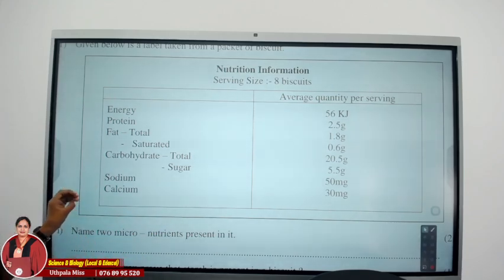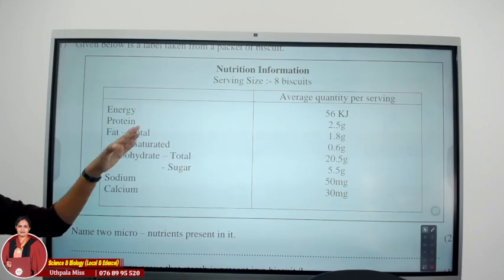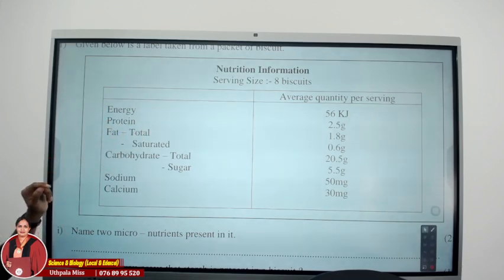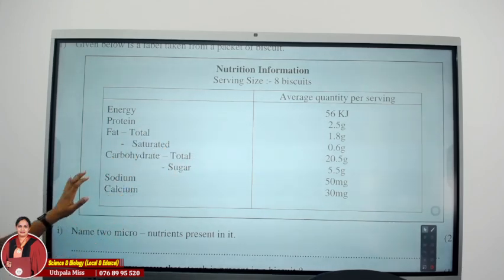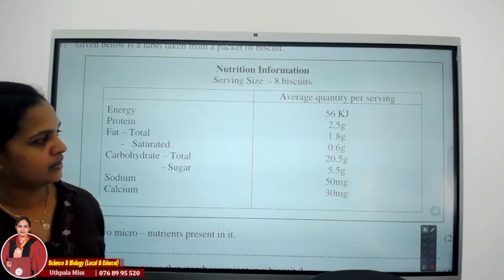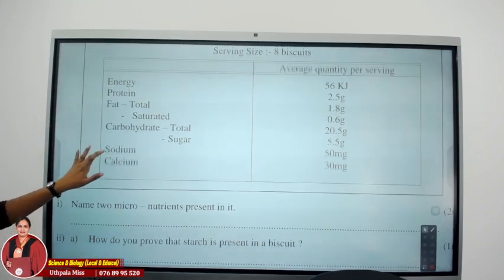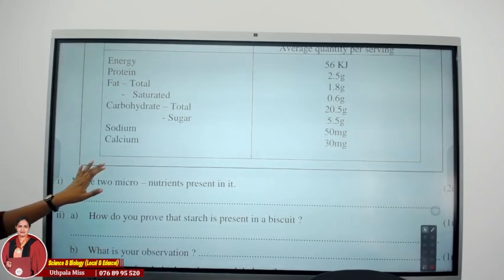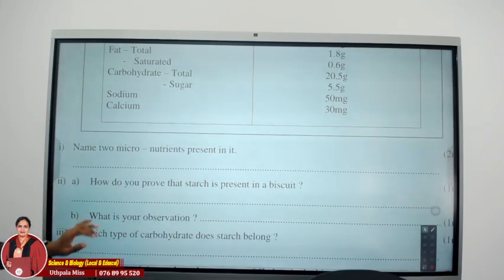Average quantity per serving: energy 56 kilojoules, protein 2.5 grams, total fat 1.8 grams, saturated 0.6 grams, carbohydrate total 20.5 and sugar 5.5 grams, sodium and calcium in milligrams.